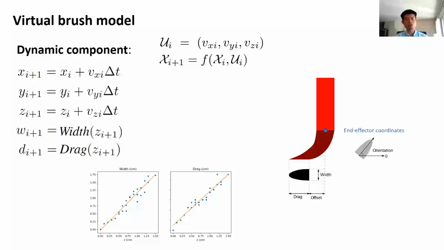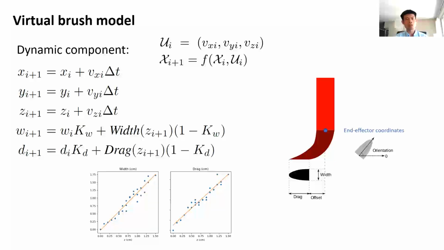So we ran a linear regression, and it gives us the width and drag functions in the updating formulas. During real writing, we found that the real updating of the width and drag parameters is pretty smooth. So we also introduce an inertia factor, like the KW and KD in these updating formulas, to model this phenomenon.